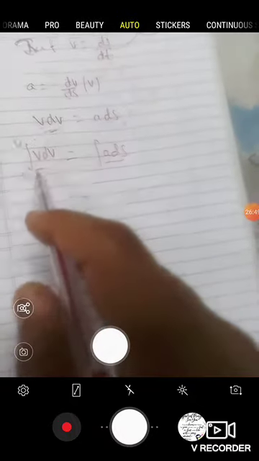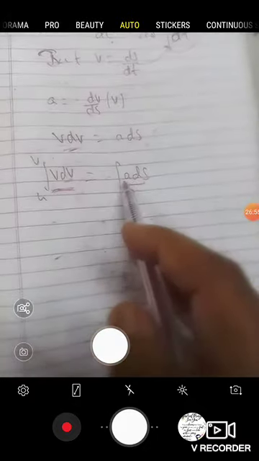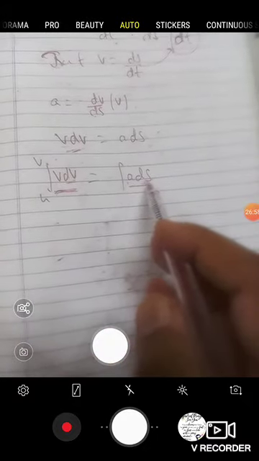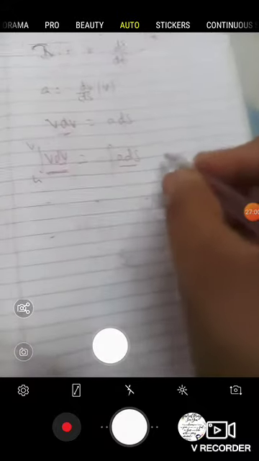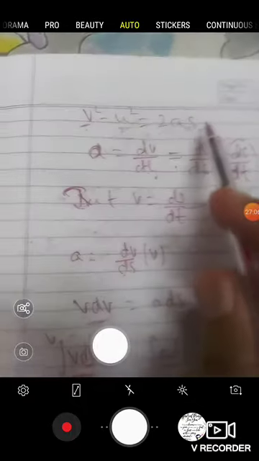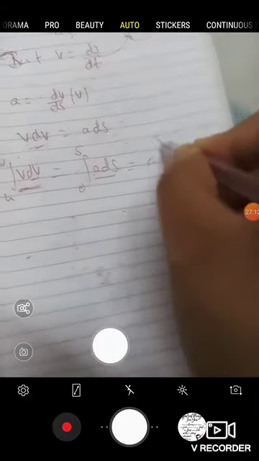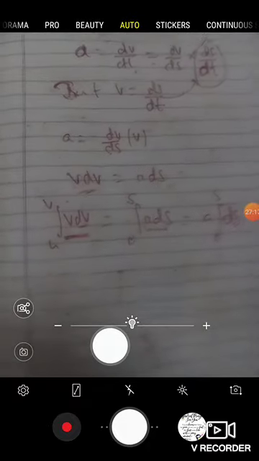So I will integrate v dv, because its small elemental value is dv, but here I can't integrate a because there is no elemental value dA like this. I have only ds. So I will take this a outside ds. As I told you that I want only s, so I will put the limits 0 to s. I think this is very clear to you guys.